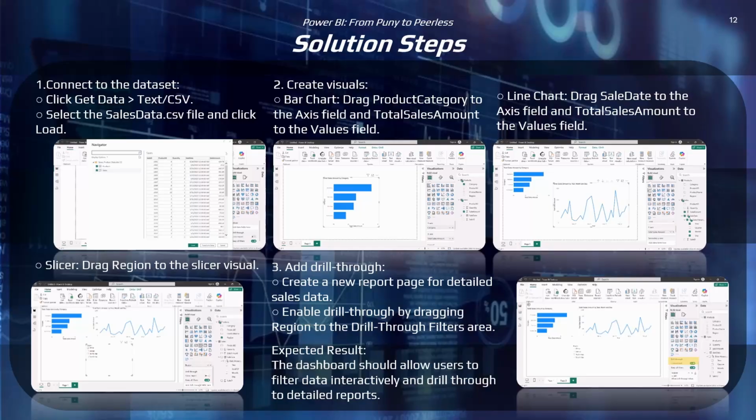And slicer: drag region to the slicer visual. And finally, add drill through. Create a new report page for detailed sales data. And enable drill through by dragging region to the drill through filters area. Expected result: the dashboard should allow users to filter data interactively and drill through to detailed reports.